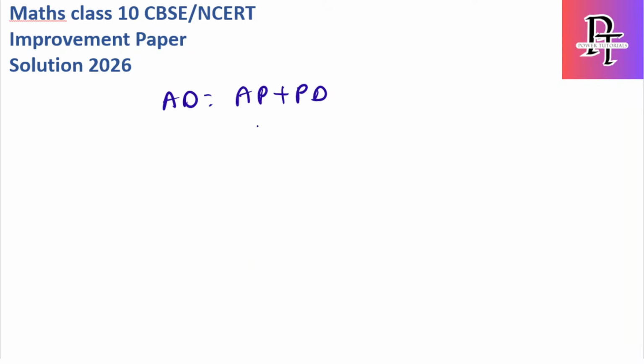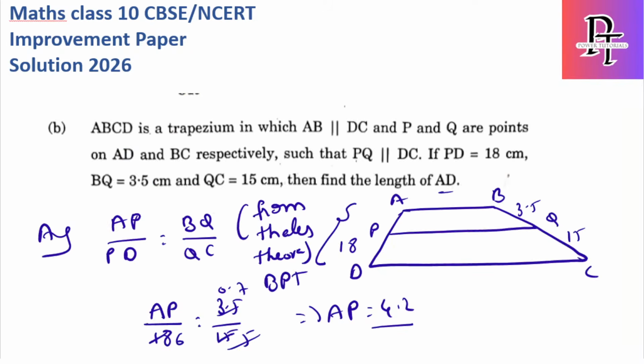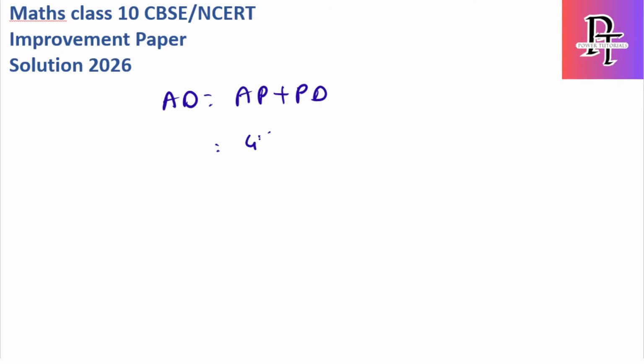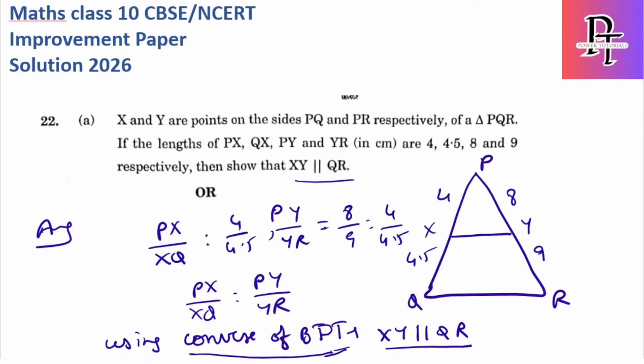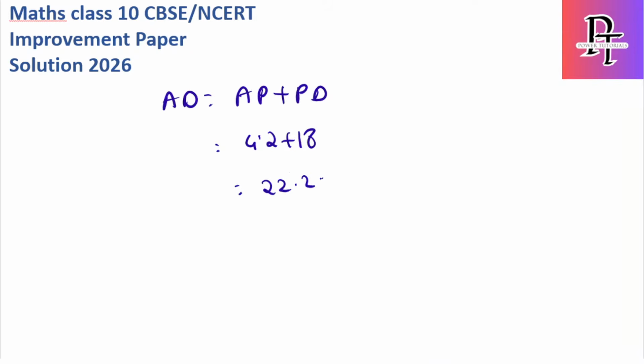AP is 4.2 plus 18. So this value will be 22.2. Is it centimeters? Yeah, centimeters. So the AD value is 22.2 centimeters. Okay, let's move to the next question.